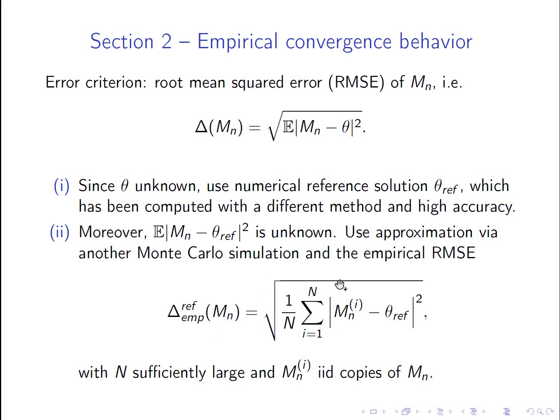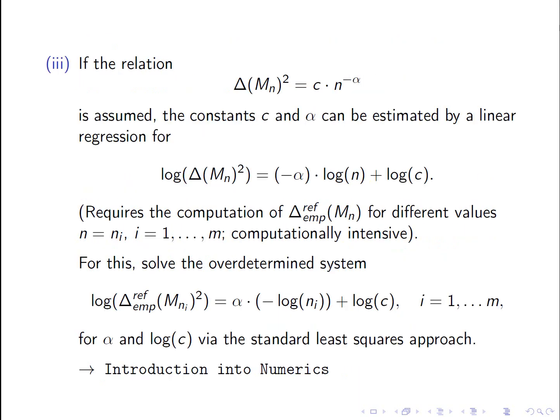Okay, and to do this, you should choose n sufficiently large to have a good approximation of this expectation here. What sufficiently large is, well, that's another thing, but in the simulations you have to find out by hand. Okay, so what is this good for?